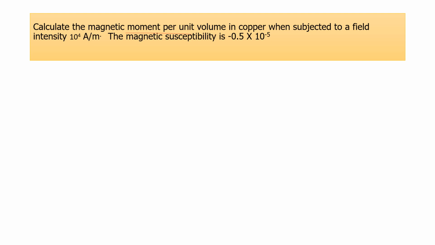So once you find that, it is a simple one because it is given directly. H is 10 power 4 ampere per meter. Then chi m is given as minus 0.5 into 10 power minus 5.